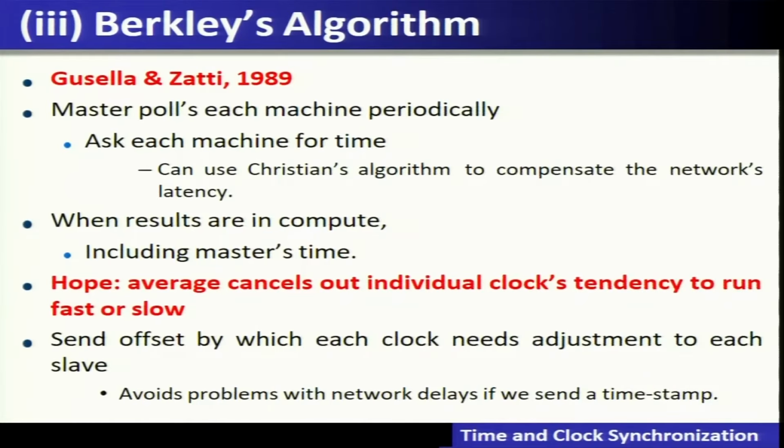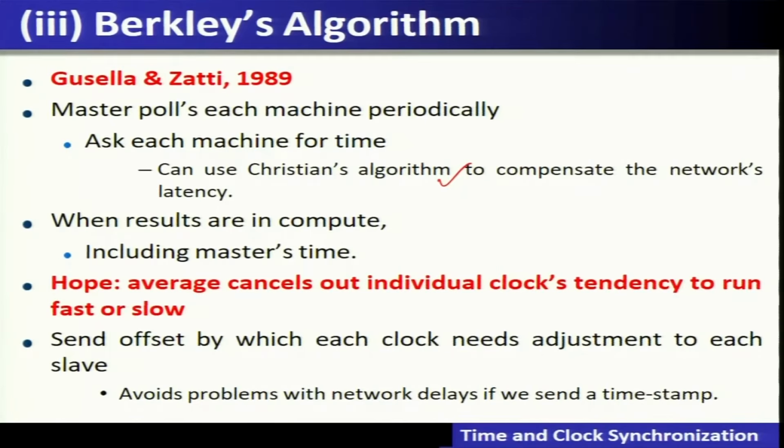Now, you have an internal time synchronization protocol called Berkeley's algorithm, given by Gusella and Zatti in 1989. Here the master polls each machine periodically and asks each machine for the time. It can use Christian's algorithm to compensate for the network latency.